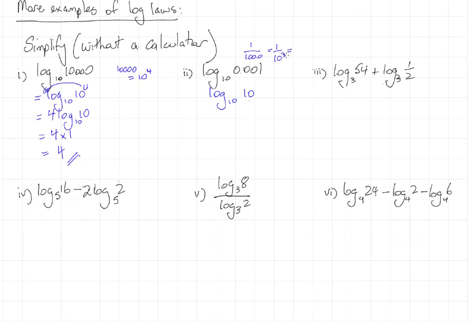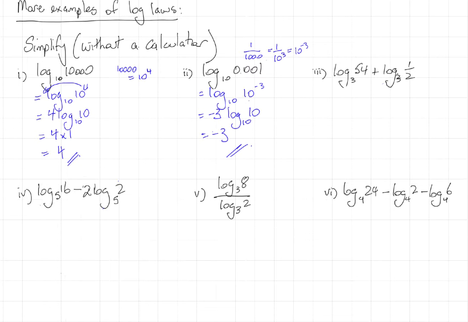And by our laws of indexes, 1 over 10 to the 3 is 10 to the minus 3. So all I have to do is put a negative 3 there. Same sort of method, we can bring the negative 3 to the front. And log 10 to base 10 is 1, so that's just equal to negative 3.